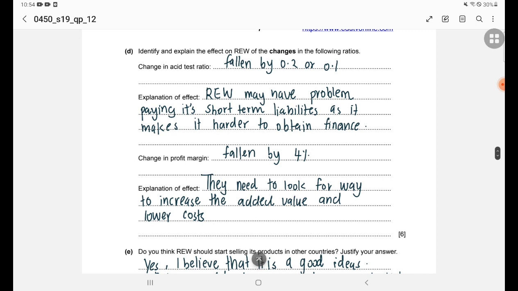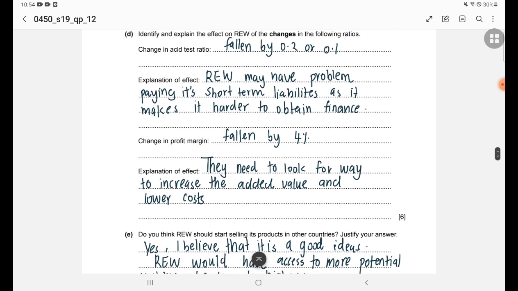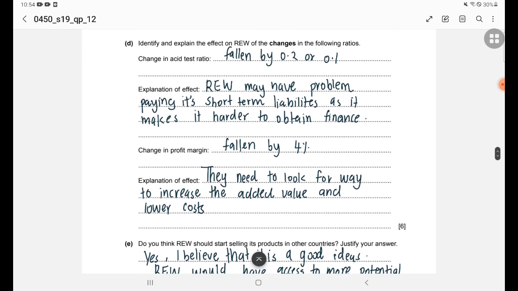Now we have to explain the effect of this situation, which is the falling of the acid test ratio. REW may have problem paying its short-term liabilities, as it makes it harder to obtain finance.